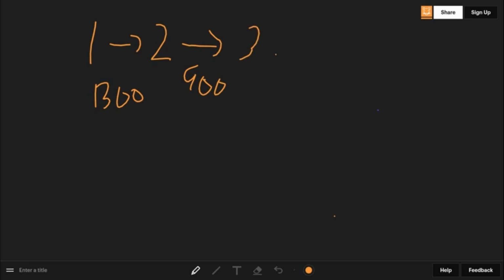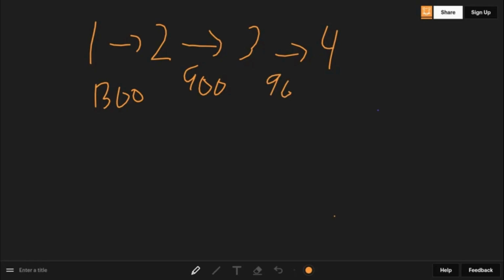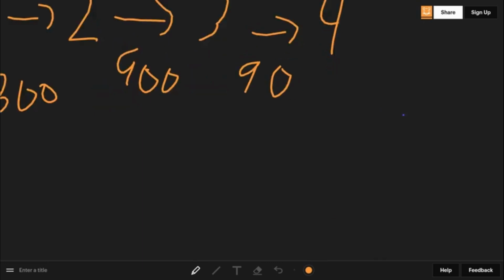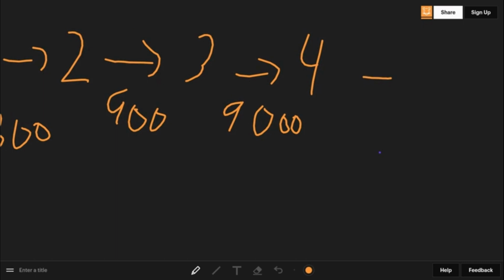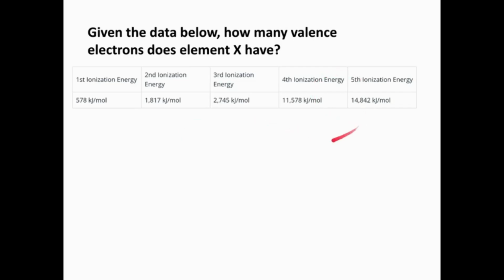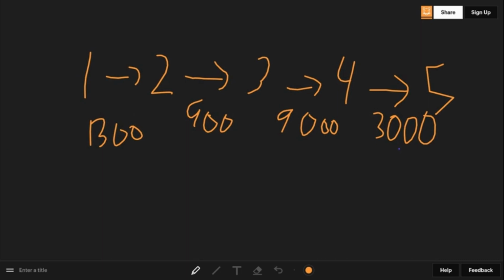Then third to fourth, now this one's a big difference, about 9,000, give or take. That seems like it's going to be our big one, but we can just make sure. Fourth to fifth is about 3,000. So as we can see, from 3 to 4 is the biggest.